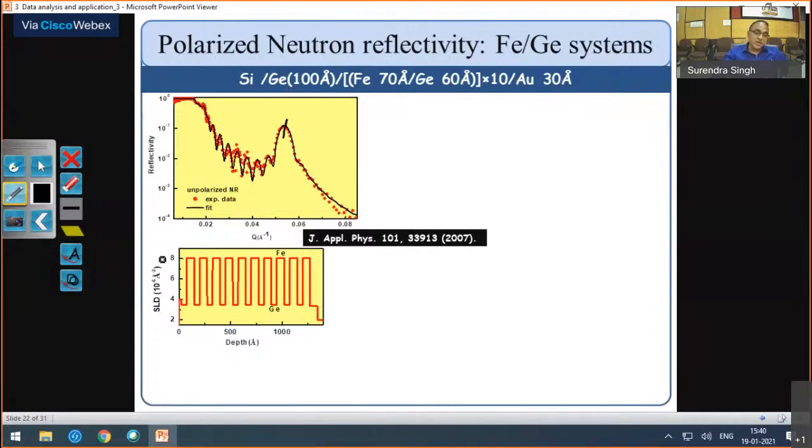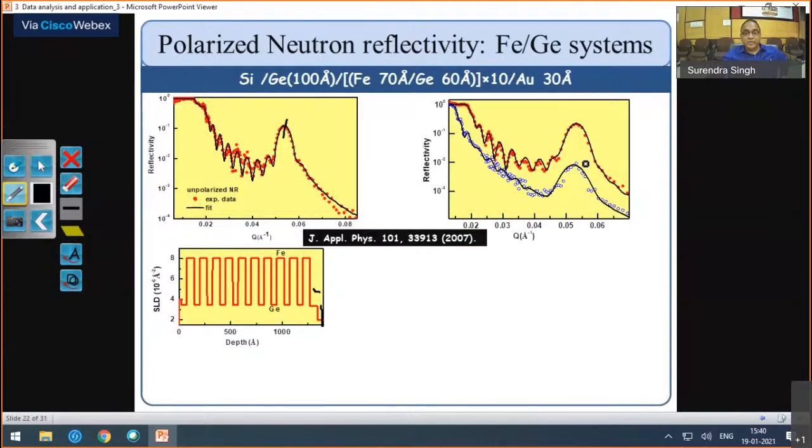This is the nuclear scattering length density, and iron has this one, and this is repeated. So we have the silicon substrate, then the germanium buffer layer, then the iron germanium multilayer, 10 bilayers. What we have drawn is shown here, found from the neutron reflectivity.